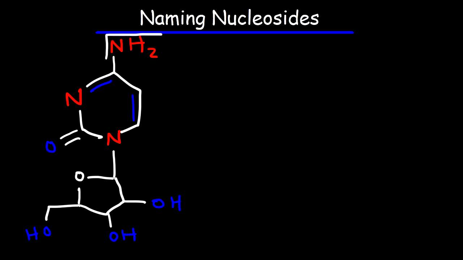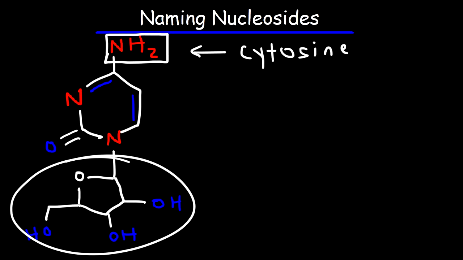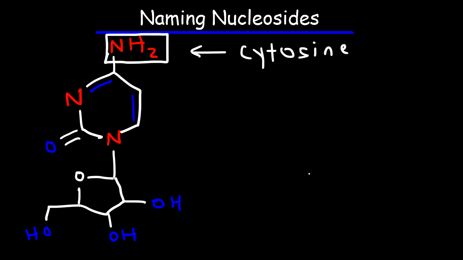Now, looking at the NH2 at the top, only one of those three pyrimidines has the NH2 on the top. And if you remember, this is the nitrogenous base, cytosine. Now, combined with the ribose sugar, it becomes a nucleoside called cytidine. And so that's the name of this particular nucleoside.